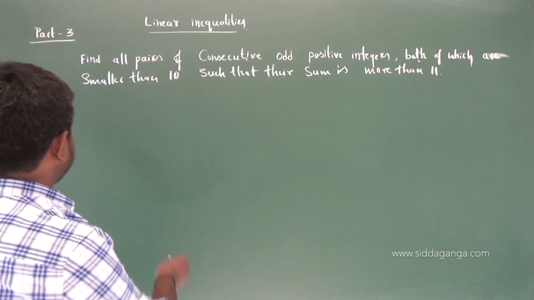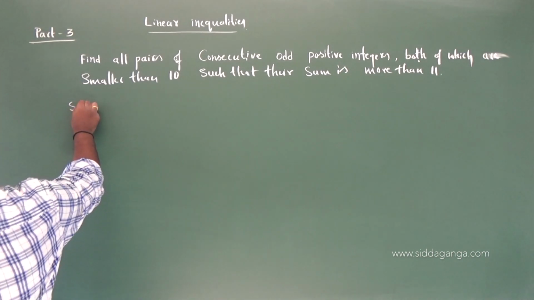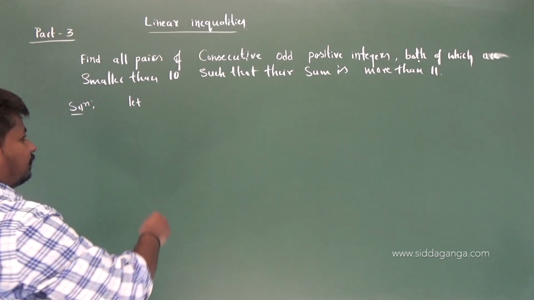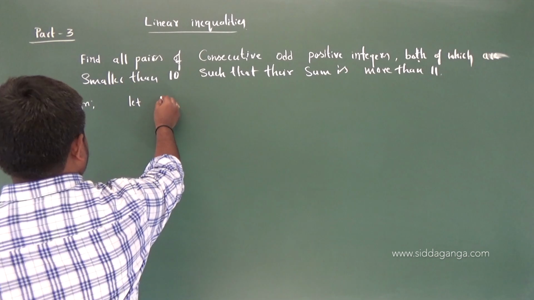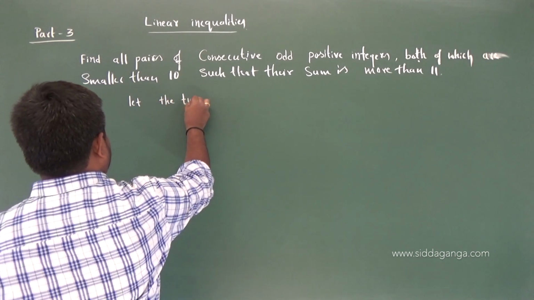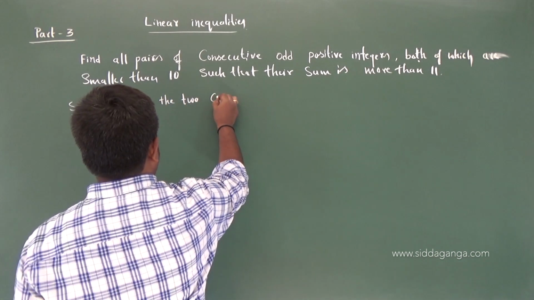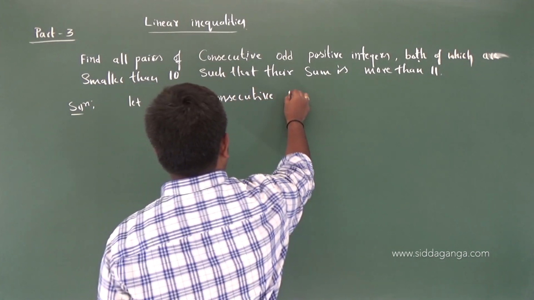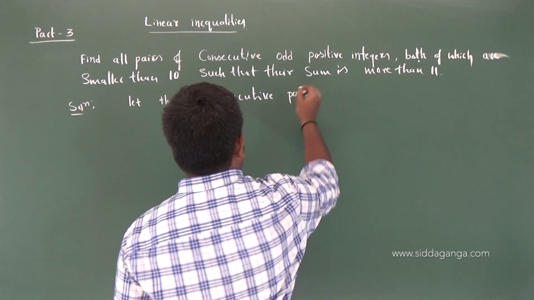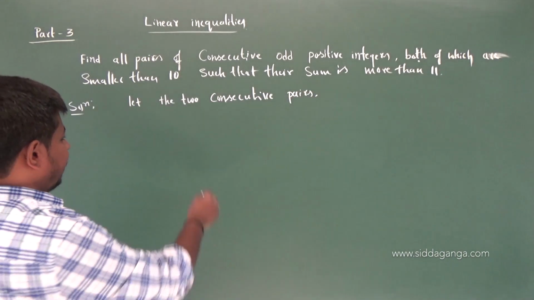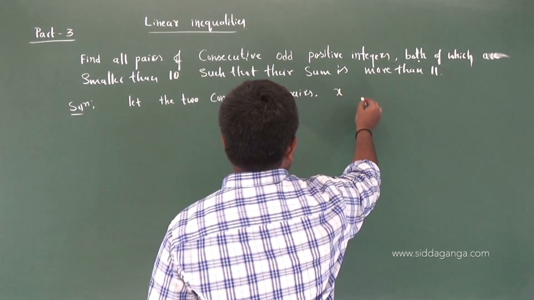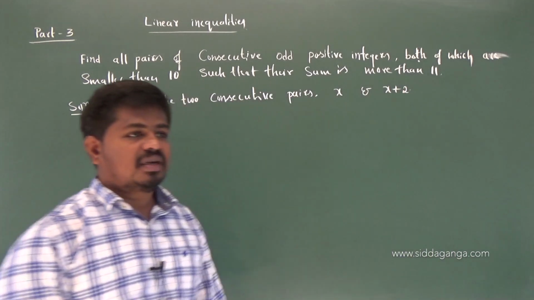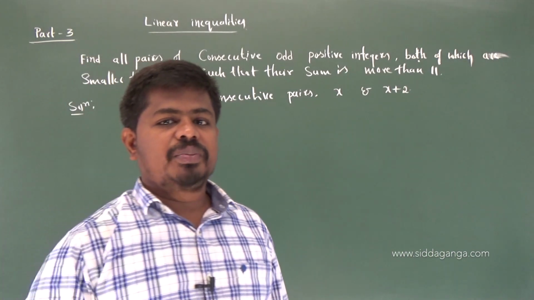Solution: let the two consecutive odd positive integers be x and x plus 2, because if you consider the first integer as 3, the next one becomes 3 plus 2, that is 5.